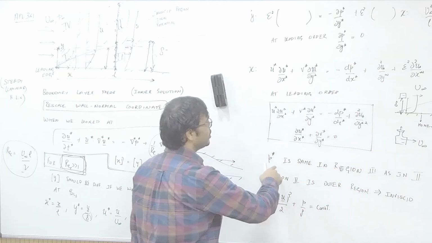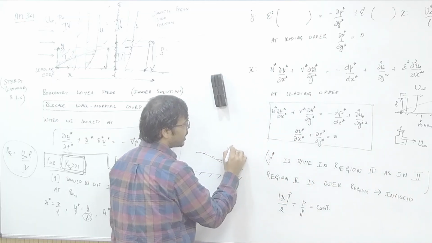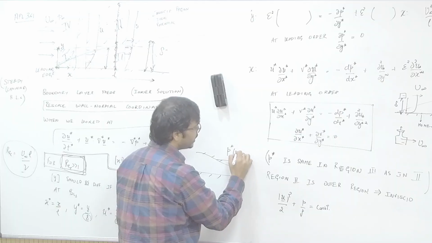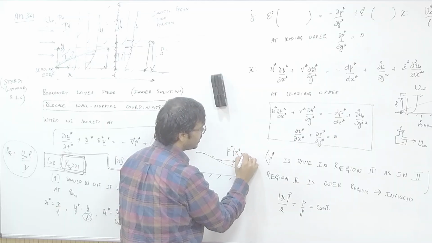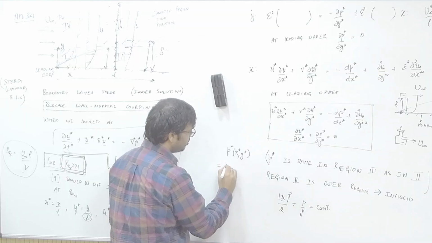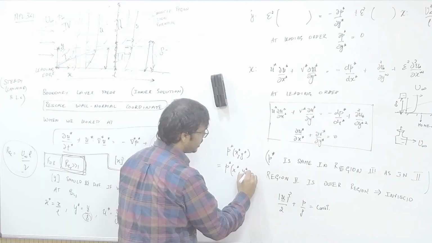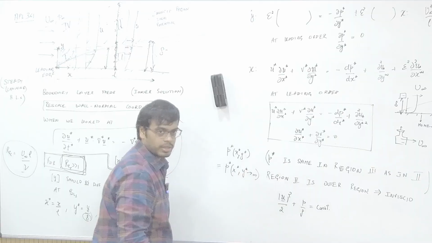Mathematically, what this means is that p star inside the boundary layer at x star, y star is equal to p star at x star, y star tends to infinity.